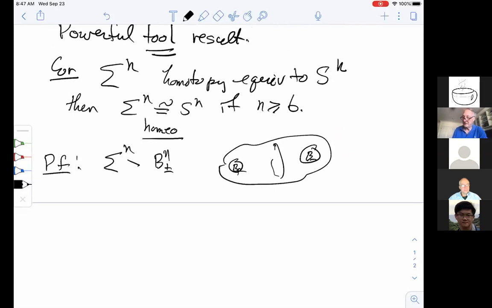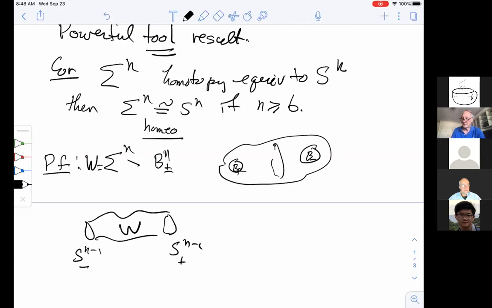You end up then with a manifold with 2 holes, and the boundary components are (n-1)-spheres, just the boundaries of these 2 balls, S^(n-1) minus and S^(n-1) plus. And you have this remaining cobordism, which is the complement of these 2 balls in Sigma.